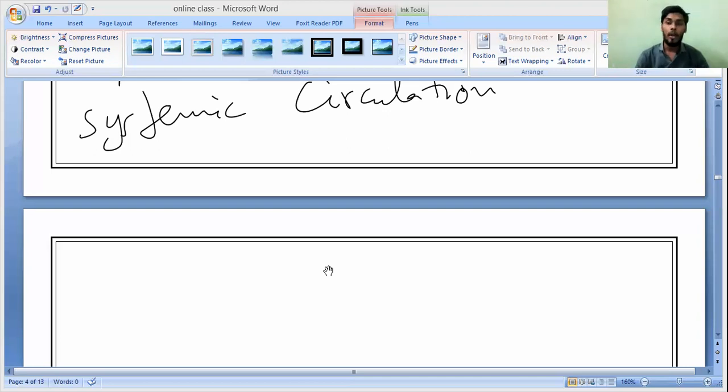That is the pathway of blood from the heart to the rest of the body and back to the heart. It is called systemic circulation.